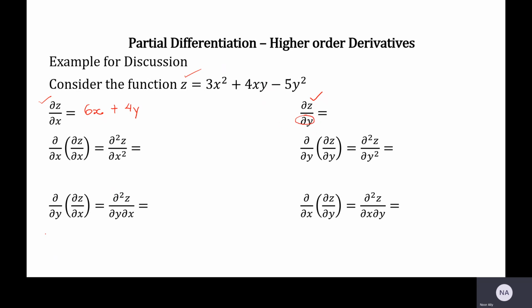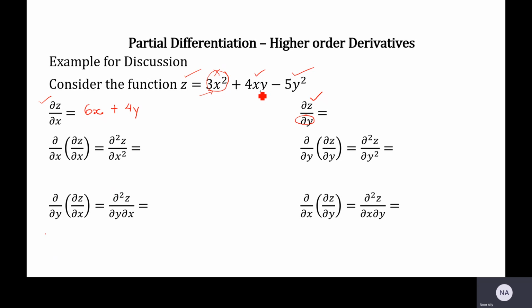So let's see which terms contain y. That one doesn't contain y. That contains a y. That contains a y. So this term completely is a constant, and that will give me 0 when I differentiate with respect to y.